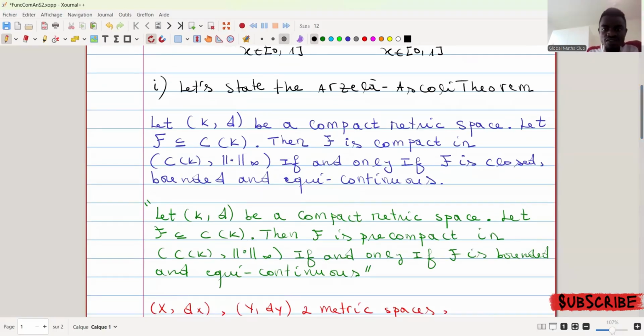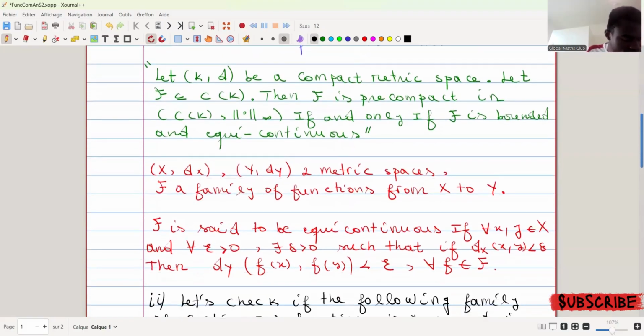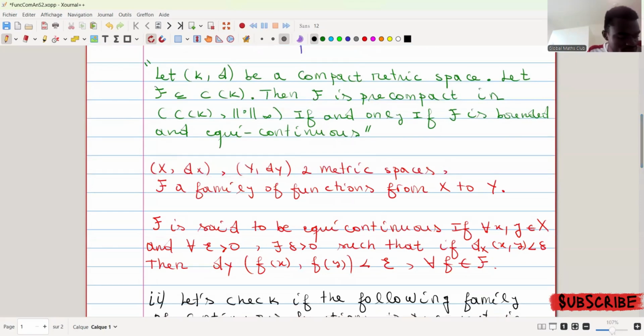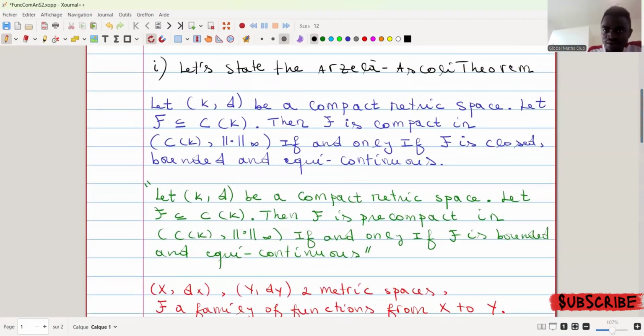In the second question, they ask you to prove that you have a family of functions which is pre-compact. And the first question is about the Arzela-Ascoli theorem, which is there to prove that a family of functions is precompact or compact. So you can see that we are going to use what is written in green here.